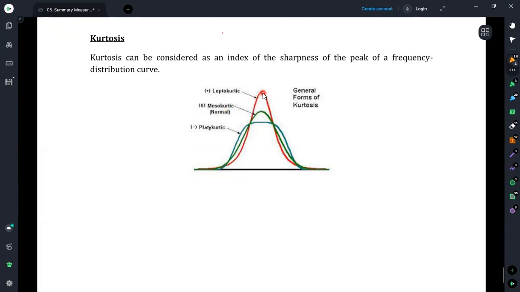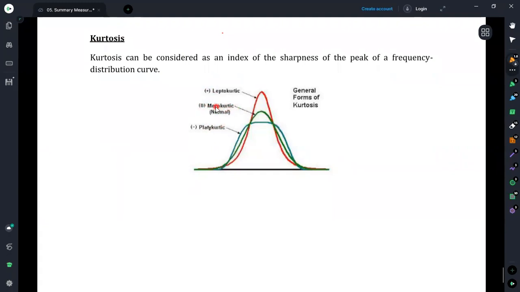If it has a very sharp peak, then we call such distributions leptokurtic distributions. And if you can see a somewhat flat surface as the peak of a distribution, then such distributions are said to be platykurtic distributions. Therefore, just by seeing the shape of the distribution, we can identify whether it is leptokurtic, mesokurtic, or platykurtic.